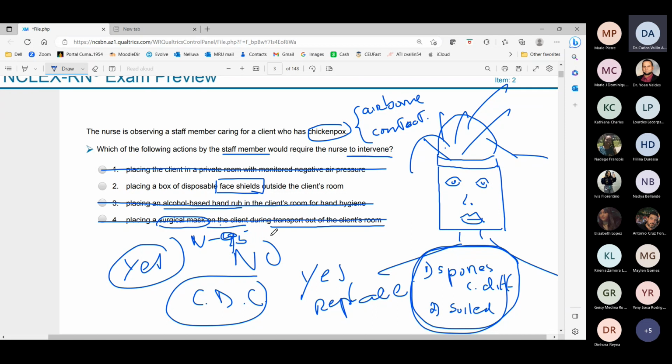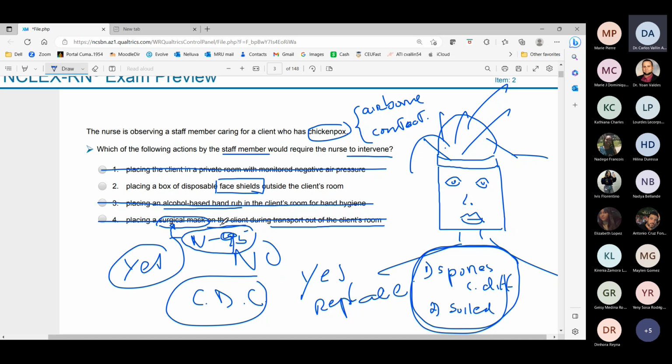If we need to enter this airborne room, we, nurses, doctors, CNAs, housekeepers, visitors, need to be wearing an N95, a respirator, which is a different and stricter mask than the regular surgical mask.